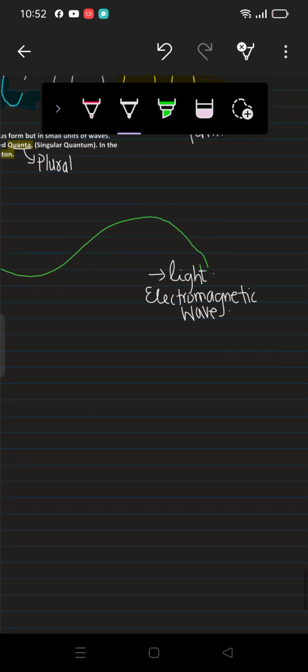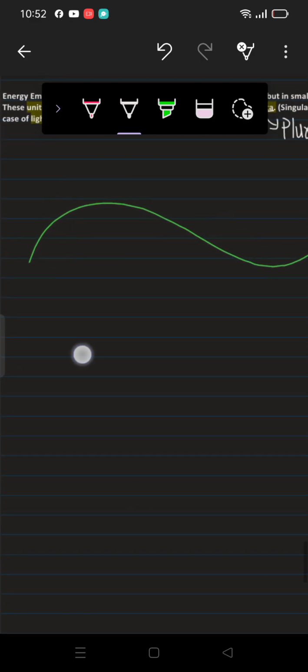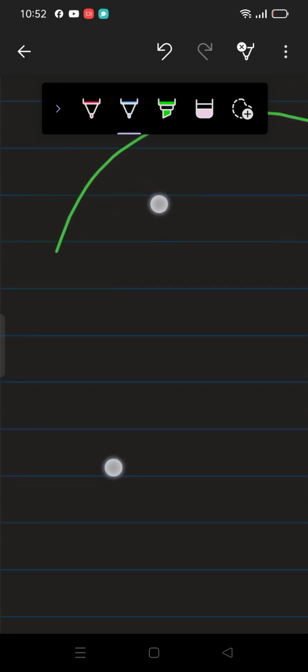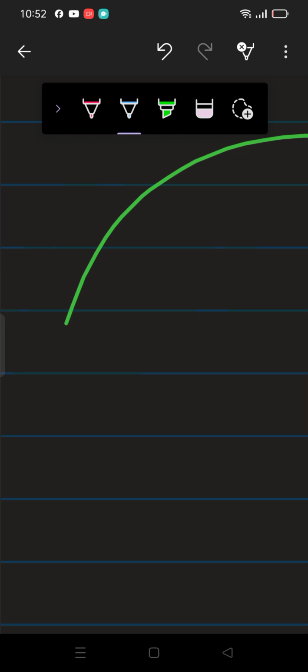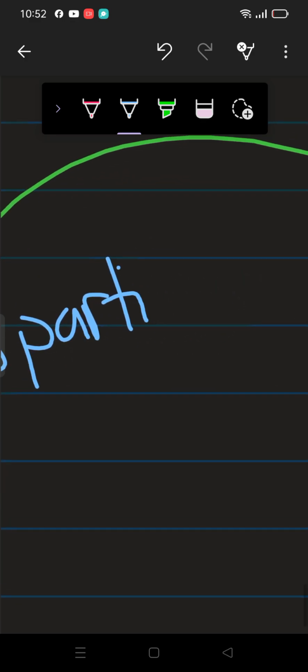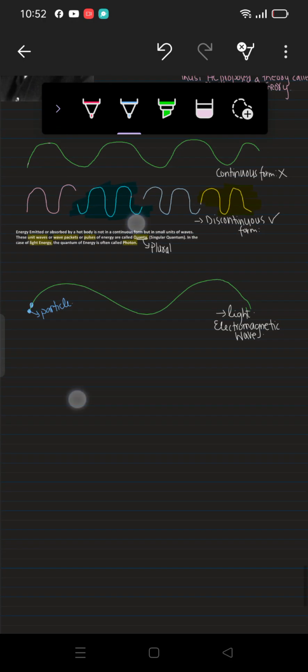So this light is basically in the form of a wave, but we know that light has a dual nature. We know that this wave is made up of particles as well, right? Everything is made up of particles, so this must be made up of particles too. So Max Planck basically said this light has a dual nature.